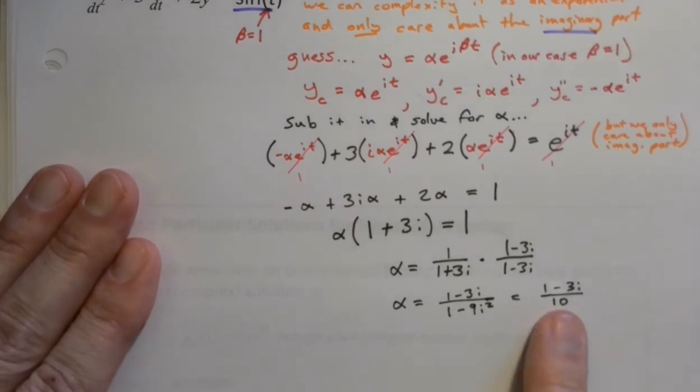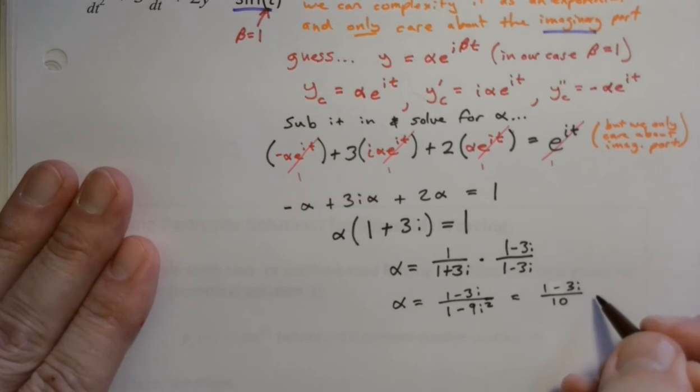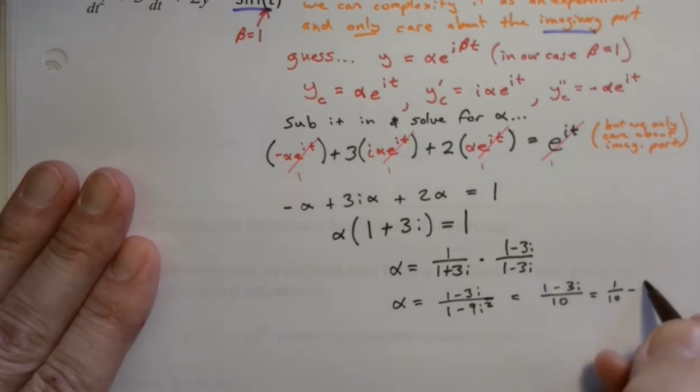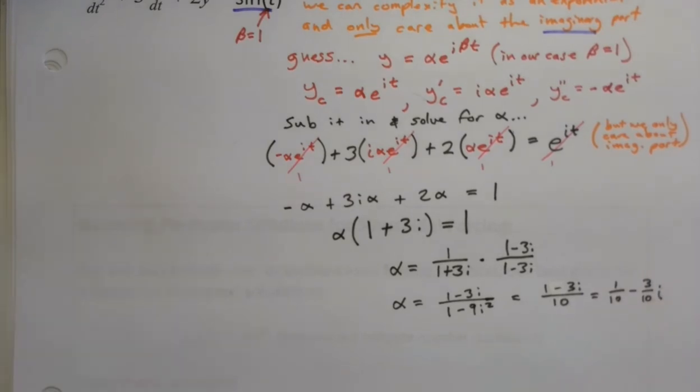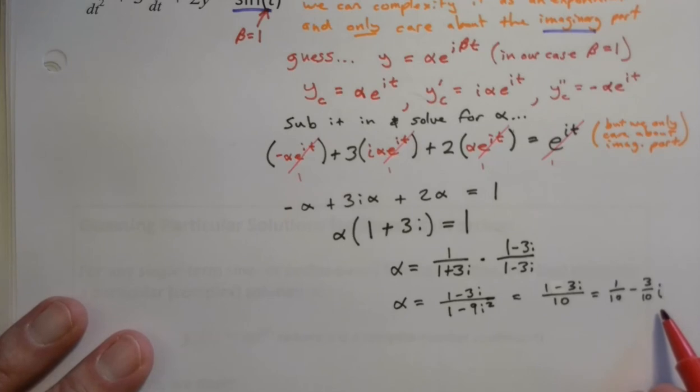And that's technically not the way we would write a complex number. A complex number has to have a real part and an imaginary part. So the last little bit of rewriting is 1/10 minus 3/10 times i. So the alpha value, the constant that makes this true, is 1/10 minus 3/10 i.